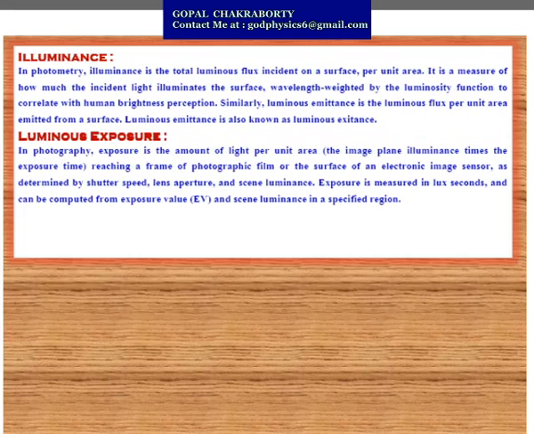Next one, illuminance. In photometry, illuminance is the total luminous flux incident on a surface per unit area. It is a measure of how much the incident light illuminates the surface, wavelength weighted by the luminosity function to correlate with human brightness perception.